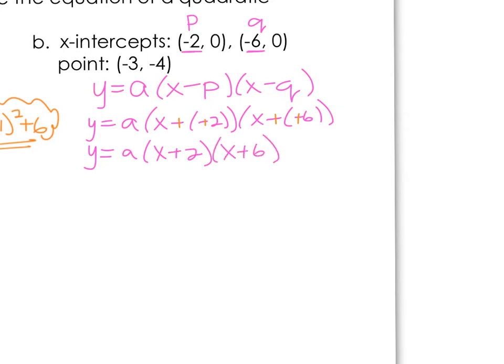The point we're given is negative 3, negative 4. We're going to substitute those values in for x and y. Notice negative 3, we have to plug in x in 2 different locations. And for negative 4, our y value, I'm going to substitute that in over on the left-hand side. Everything else stays the same.